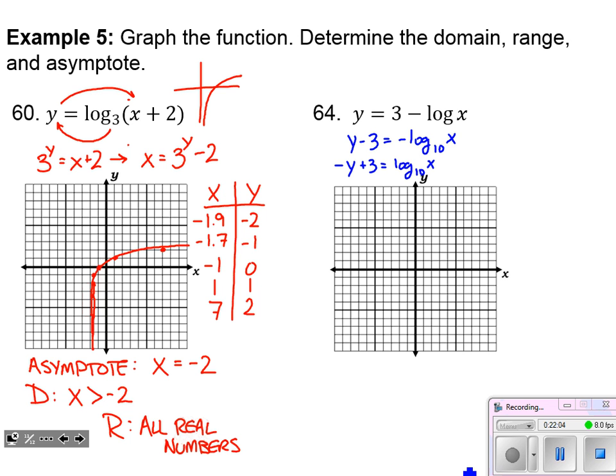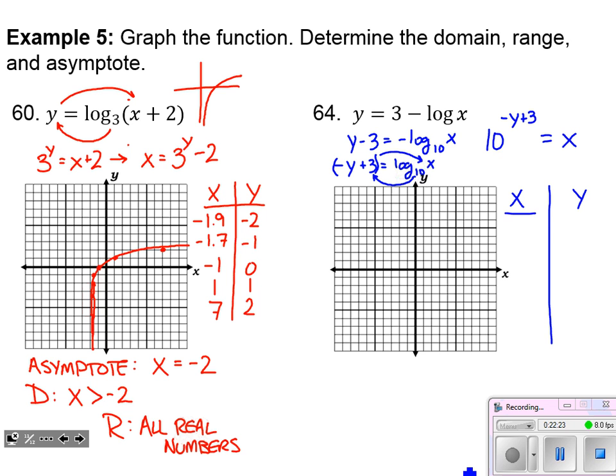And this is all to help me set up a table of values. Then I'm going to run through the pattern. 10 to the -y plus 3 power, all of that is the exponent, right? The base of 10 to that perfect exponent creates x, and we can set up our table of values.